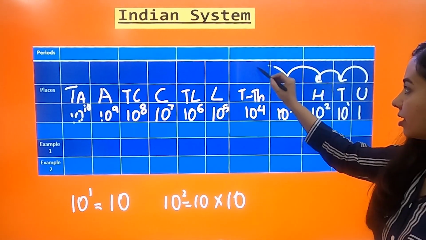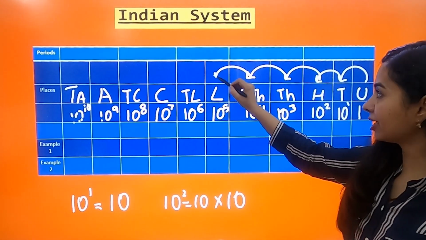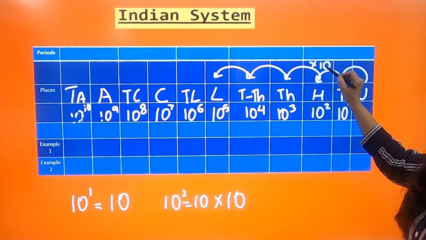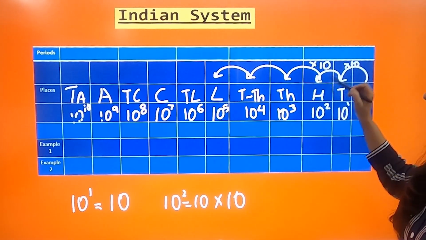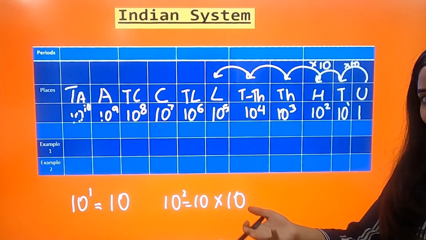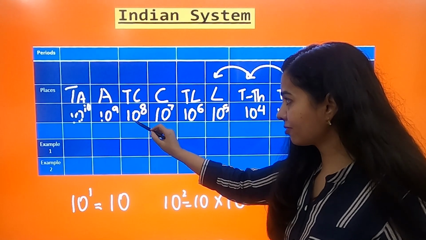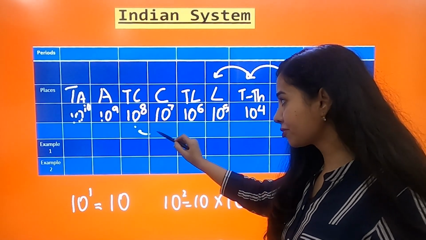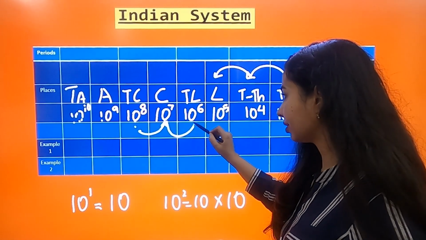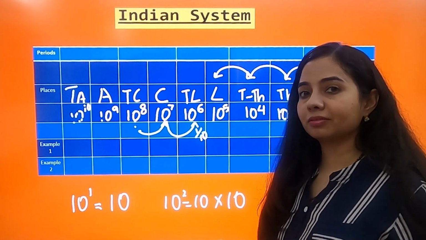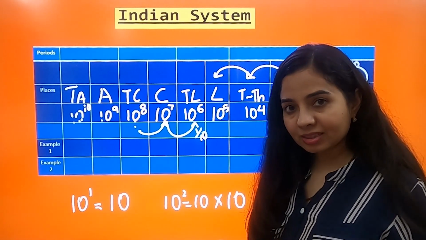If you have noticed, every time a digit moves one place to the left, its value is getting multiplied how many times? 10 times. That is, it has become 10 times bigger every time. And if we move from left to right, then it is getting divided by 10.